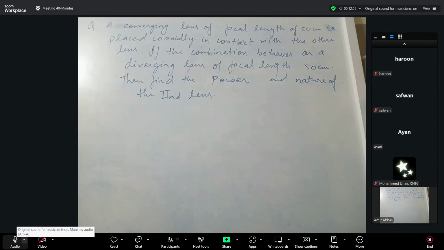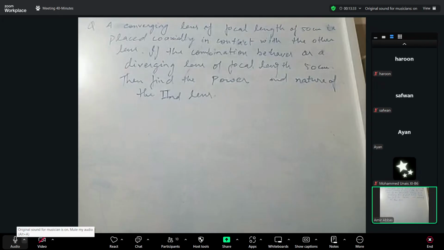And what will be the power? No, you cannot write like this, because centimeter is not the SI unit of length. So power should be written in its SI unit, that is diopter, and the focal length will be taken in meter.